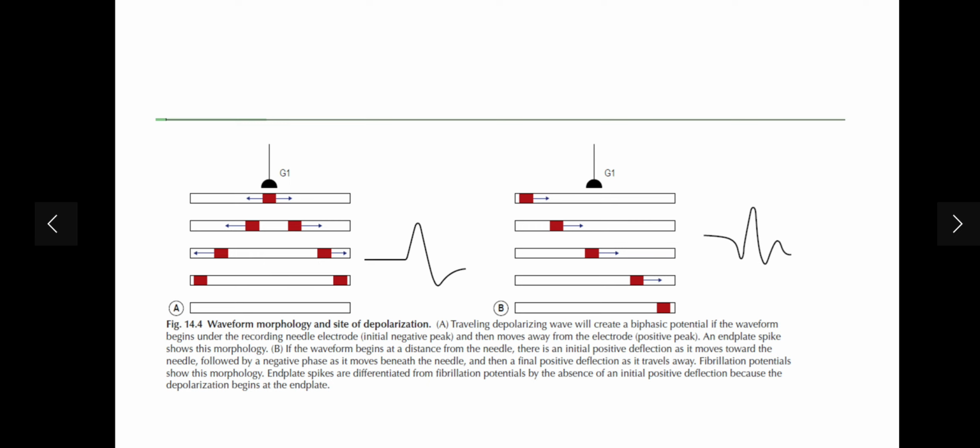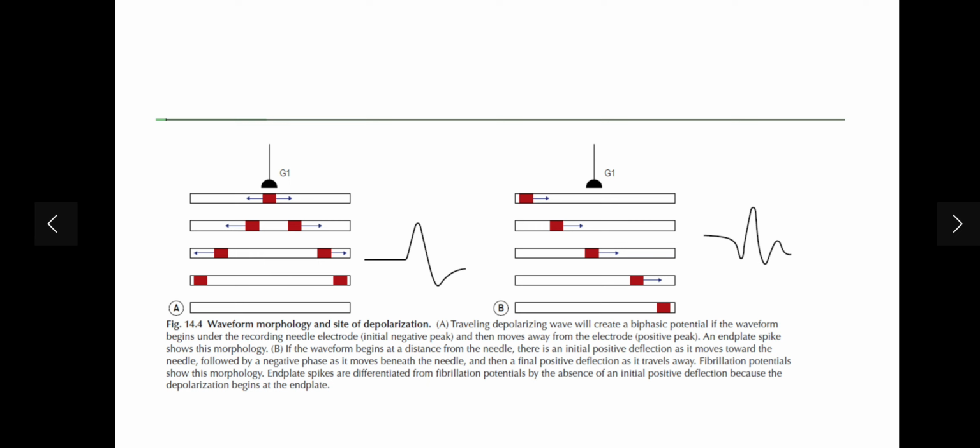So if you look at the shape on the right, the initial phase when the action potential is moving towards the needle will record a positive wave because the electricity is moving towards the needle, so you will get a positive deflection. And then the action potential will continue and move away from the needle, and then the needle will record a negative deflection. So you will get a triphasic wave.